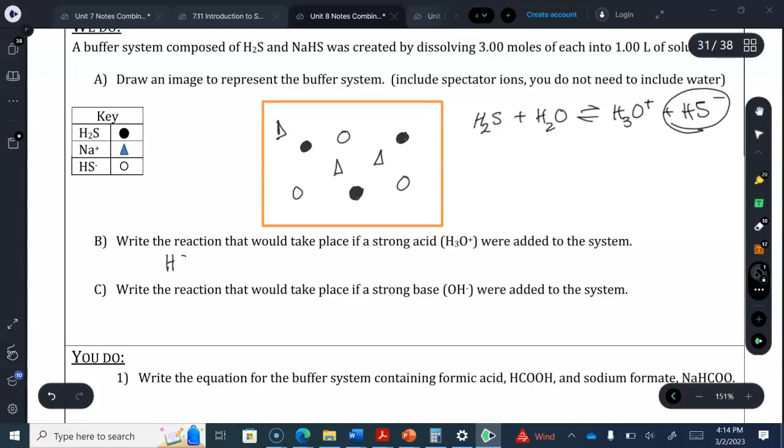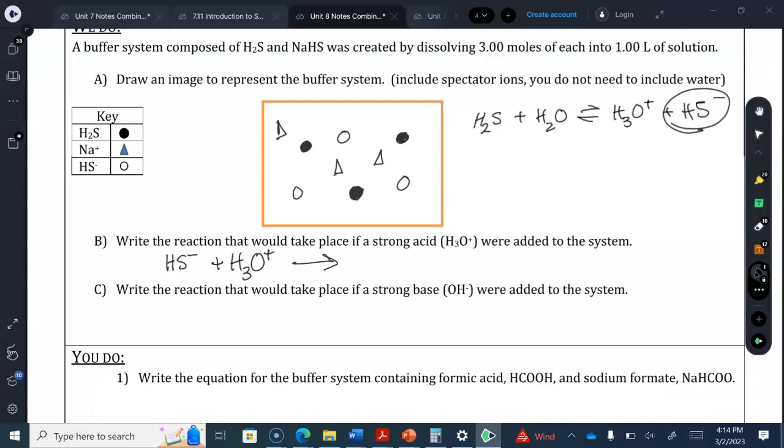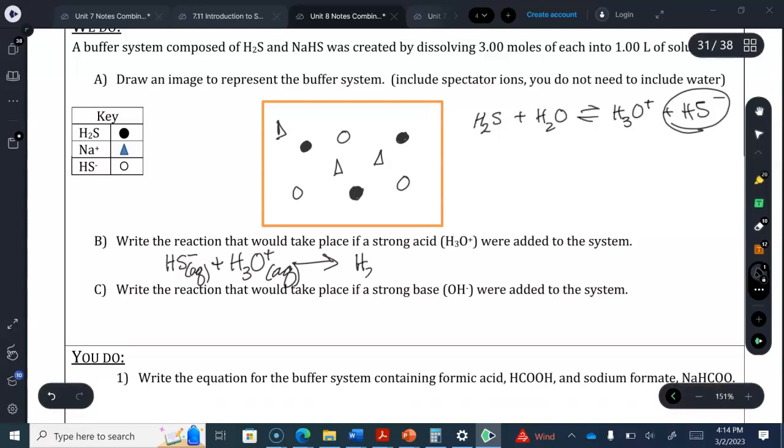So we're going to have HS minus reacting with the acid, H3O plus. Since it's a strong acid, it is going to go to completion, and these are aqueous. The conjugate base accepts a proton, becomes H2S, aqueous, plus it accepts it from the hydronium ion, so it forms water.